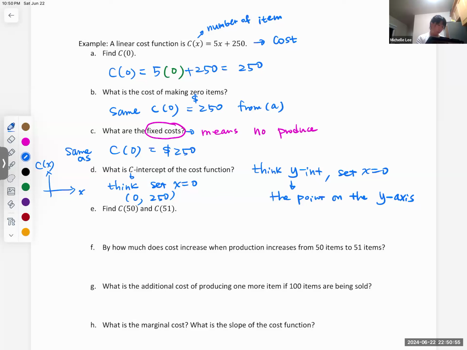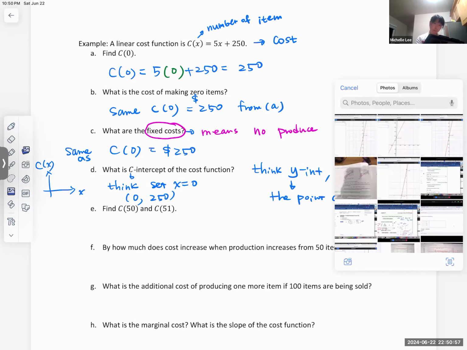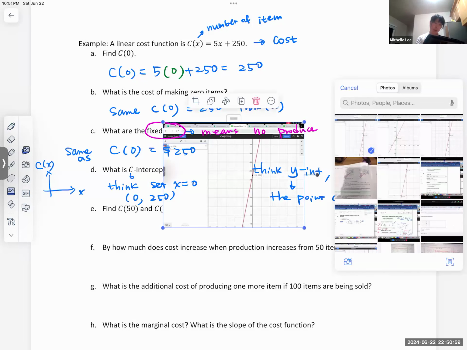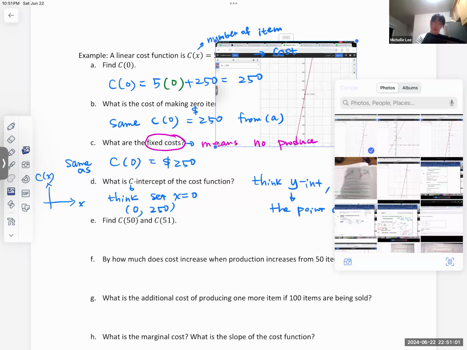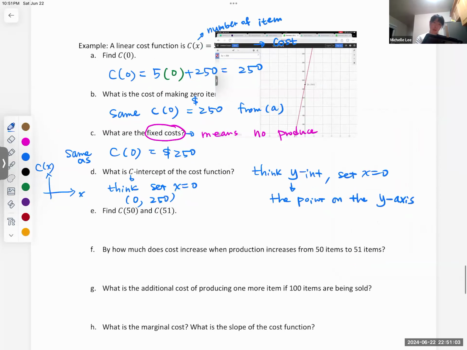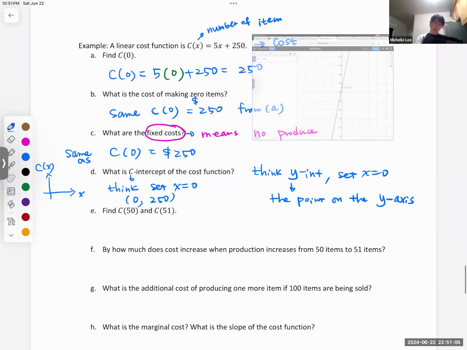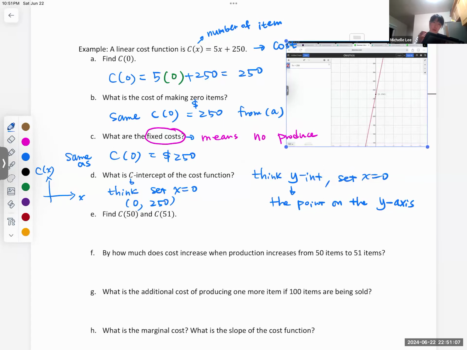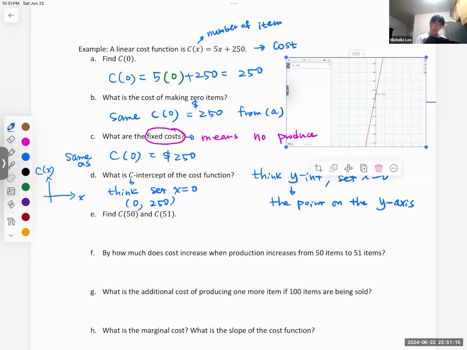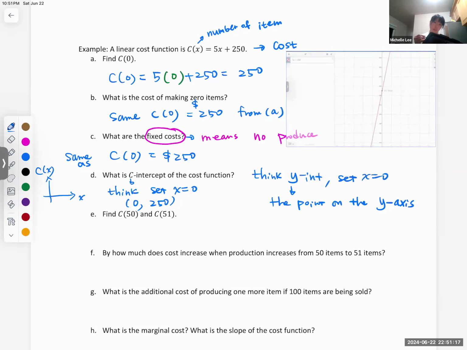That's not the one. This is the one. Okay, maybe let me make a. I hope you can see this one.